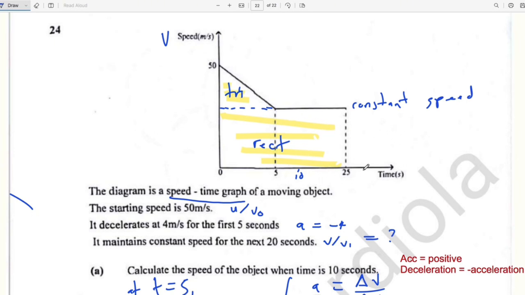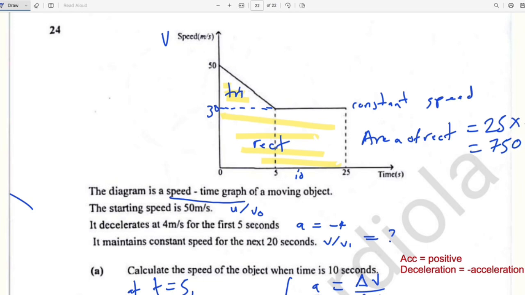So let's use the area of a rectangle, 25 times 30, plus area of a triangle, half base times height. So area of rectangle is 25 times 30, which we've already calculated, and this gives us 750 meters.